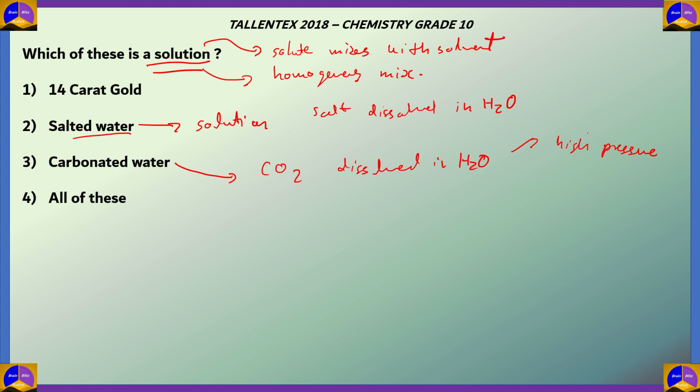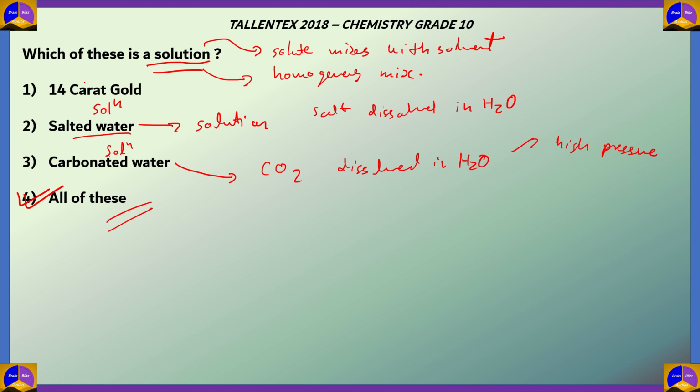So this is done at a bit of a higher pressure than atmospheric pressure, and it's basically containing gas, the carbon dioxide gas, which is mixed in the solvent that is water. So therefore, we can see that carbonated water is also a solution. We also know that salted water is also a solution, so since 2 and 3 are correct, the only option that makes sense is option 4, all of these.